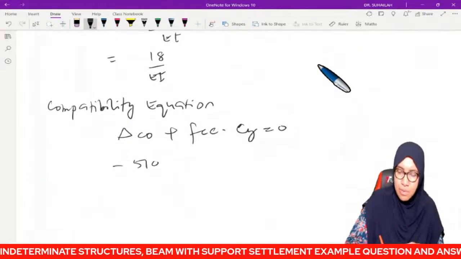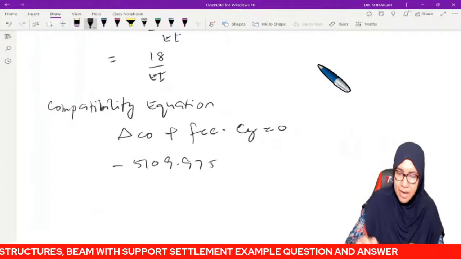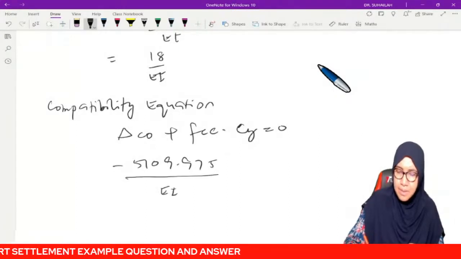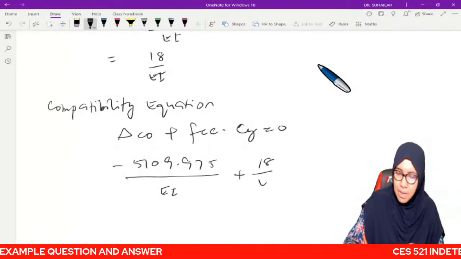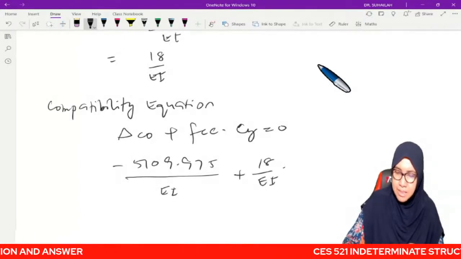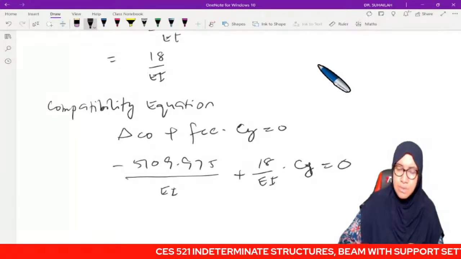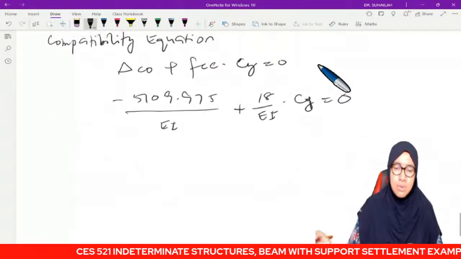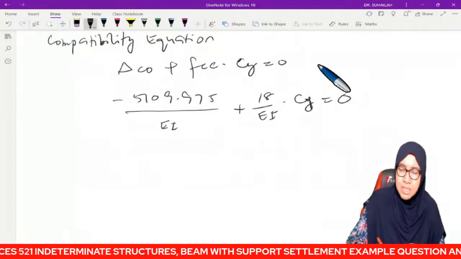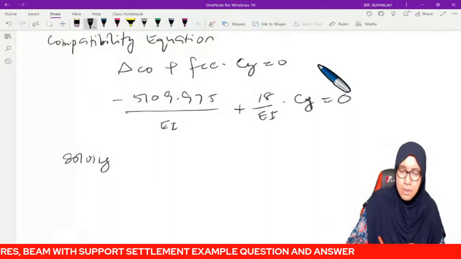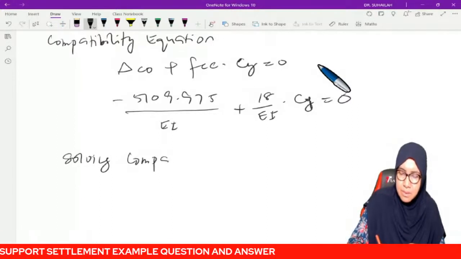Negative 5109.975 over EI plus 18 over EI CY equal to 0. So we solve this compatibility equation.